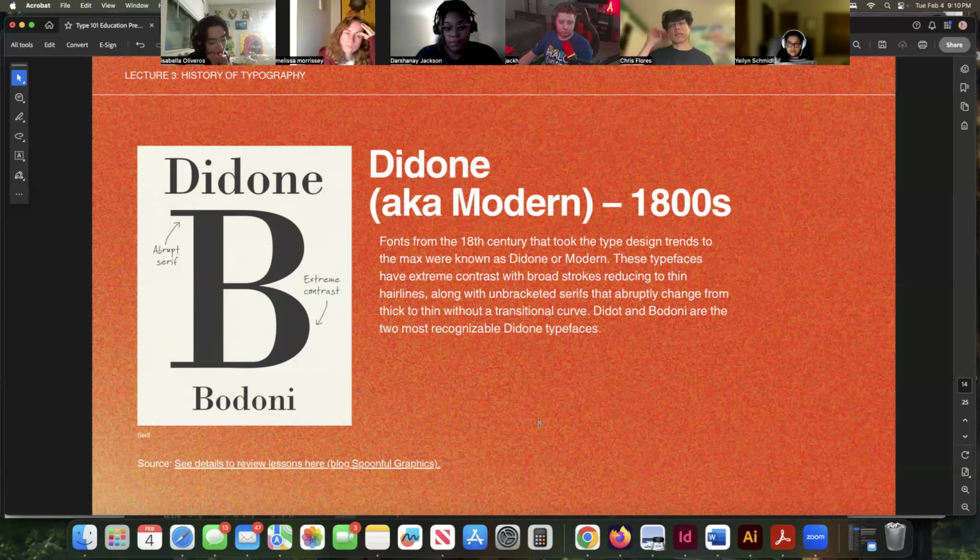These typefaces have extreme contrast with broad strokes reducing to thin hairlines, along with unbracketed serifs that abruptly change from thick to thin without a transitional curve. Didot and Bodoni are the two most recognizable Didone typefaces. And Bodoni is used a lot, I feel like more than Didot.